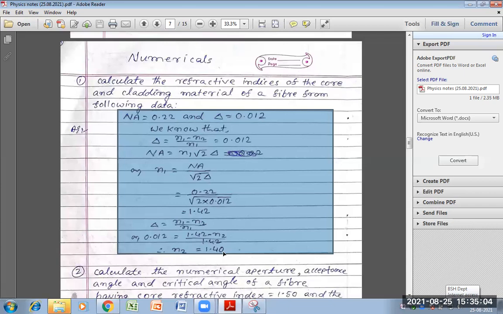The parameters which are given are NA, the numerical aperture, and refractive index change, delta. According to this, I have calculated the refractive index of the core as well as the refractive index of the cladding.